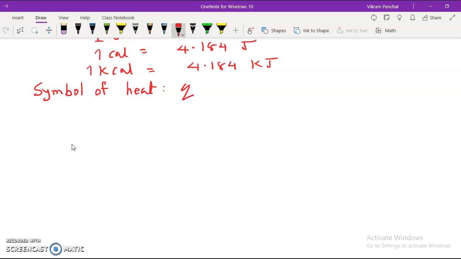There are two processes. Either heat flows from surrounding to the system, or heat is coming out from the system to the surrounding. So let us take different way.